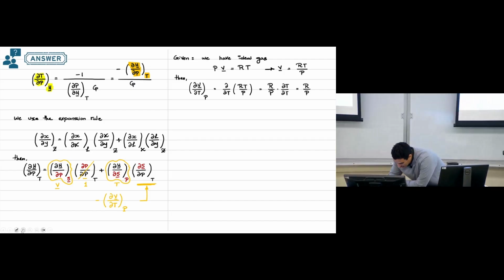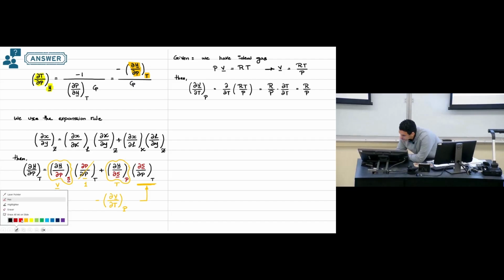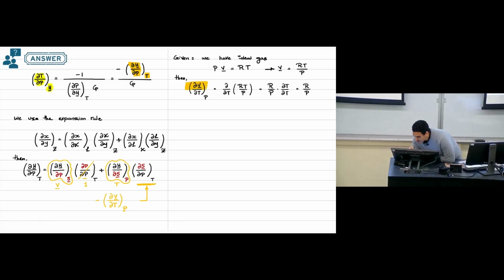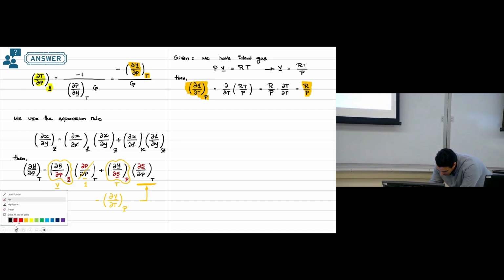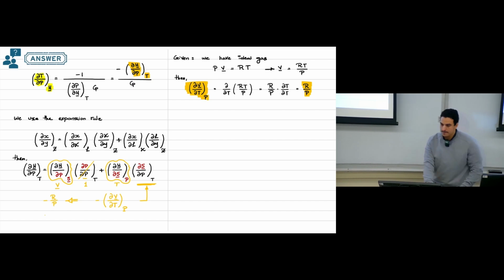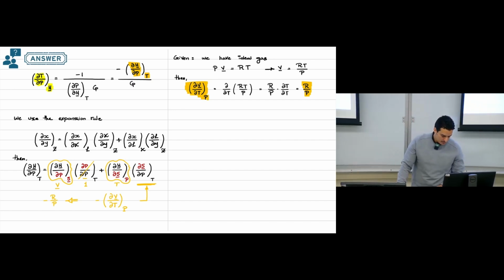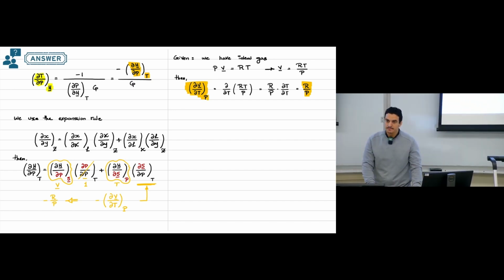So now we can return to this one here, and we say we have dV by dT at constant pressure equal to R over P, so this one here will be negative R over P. So far is it clear?